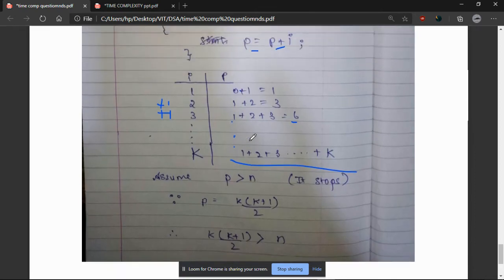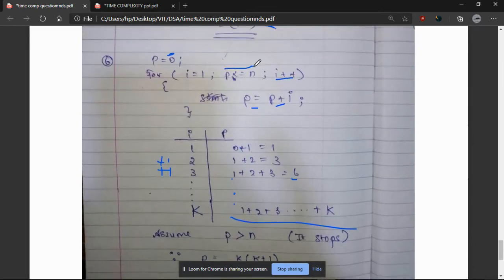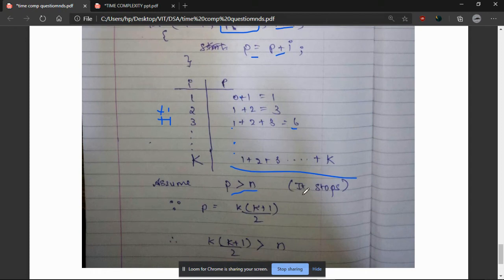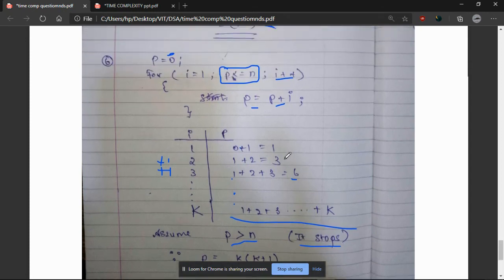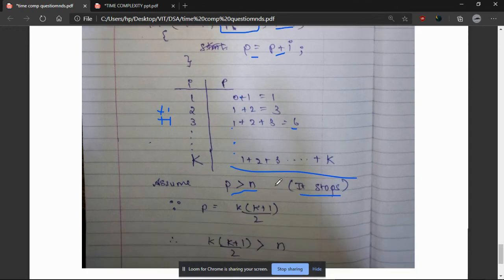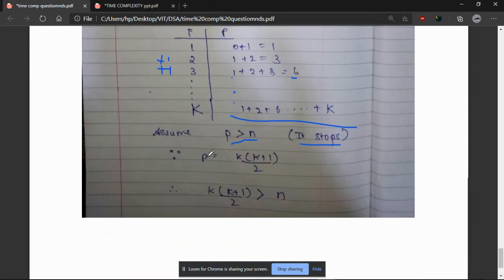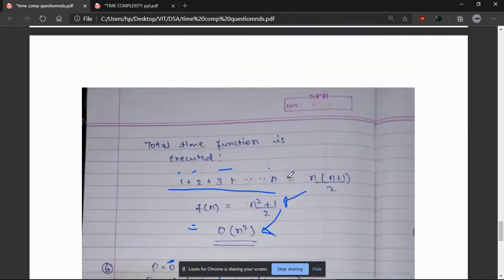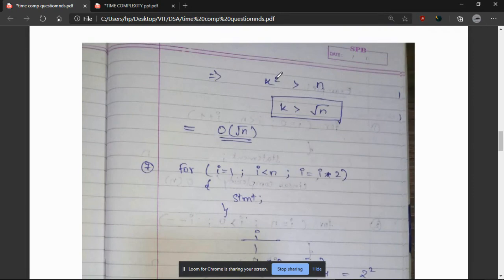Now, the given condition is p is less than or equal to n. Now, what will happen if p is greater than n? The execution stops because the condition is not met. So if we assume it and put p equals k into k plus 1 by 2, then after substituting here, we get k into k plus 1 by 2 is greater than n, and then we'll go here.